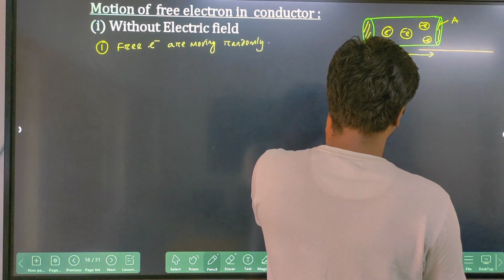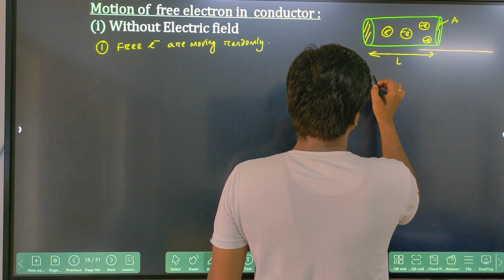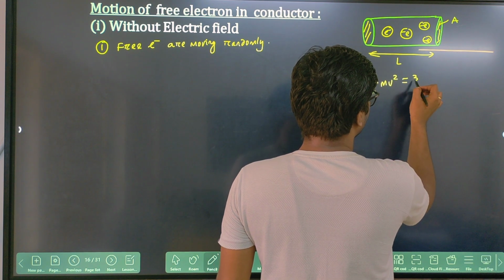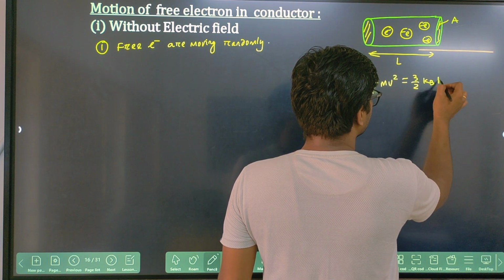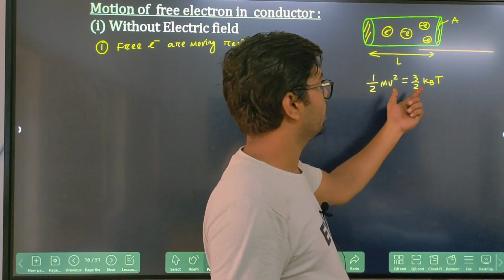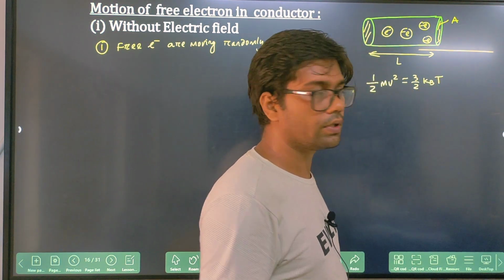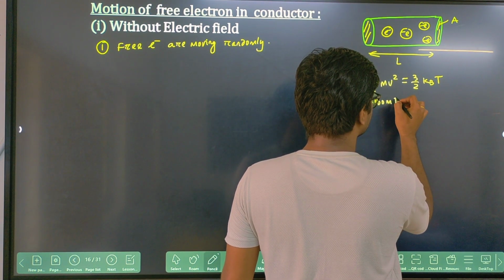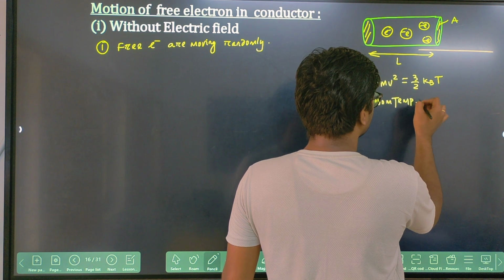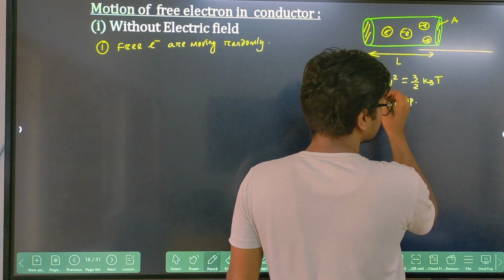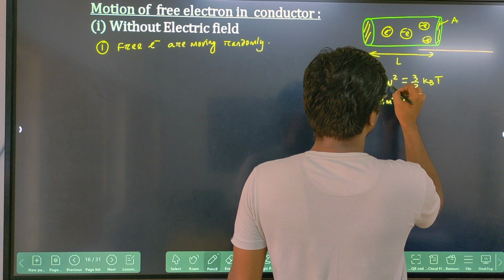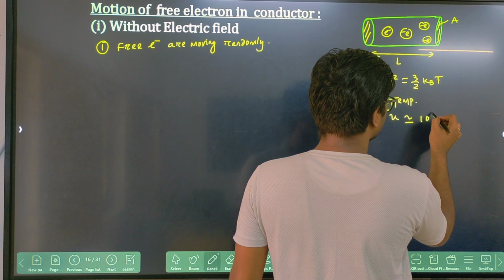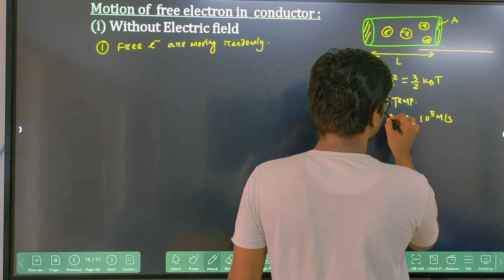You see here, I can relate one thing: half m v square equal to 3 by 2 k_B T, from the kinetic theory of gases, if you remember. If I put room temperature 300 Kelvin and the mass of the electron, and call the speed u, I will get u in the order of 10 to the power 5 meter per second.